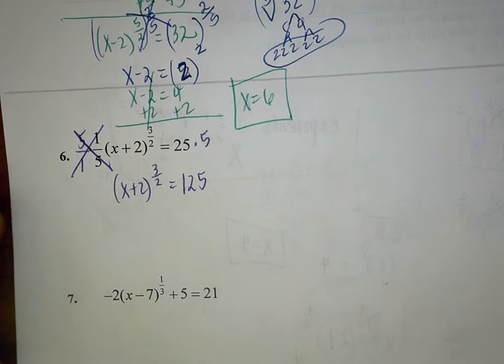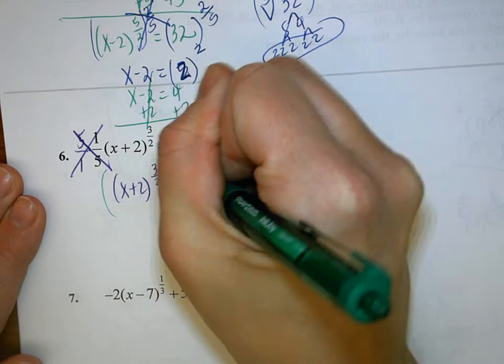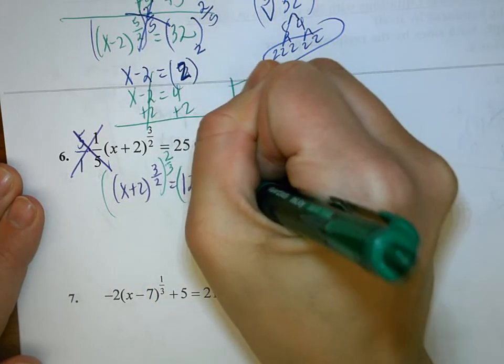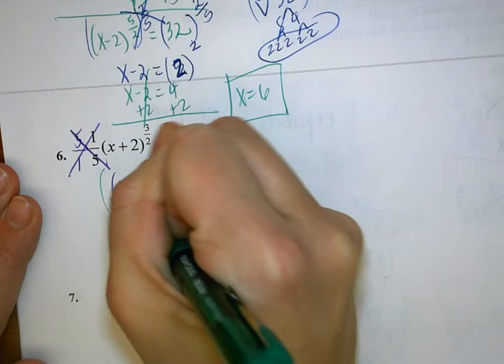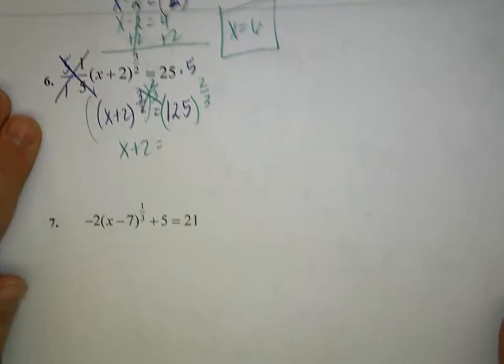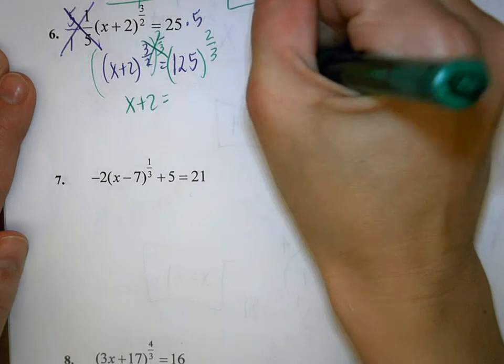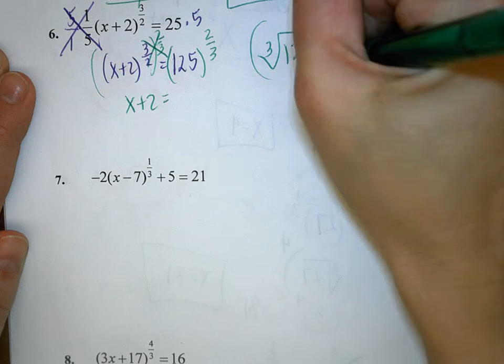What will I do next? You need to do the power. Good. Raise it to the 2/3 power. Whatever we do to one side, we do to the other. Those cancel. x plus 2 equals, how will I rewrite this? Good, the cube root of 125, and then we square that.